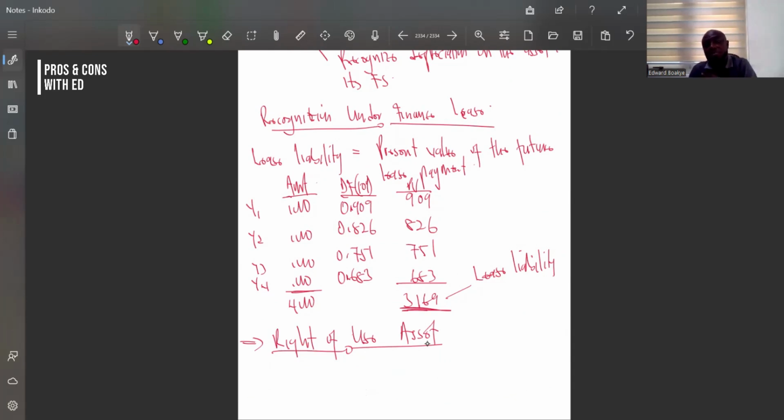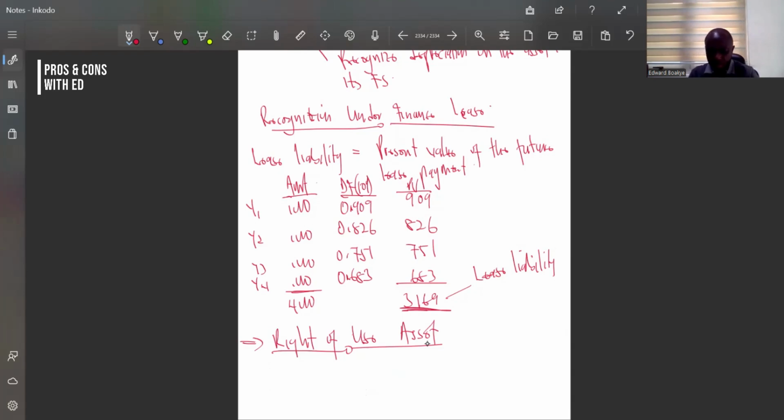We may have even finished the lease term, but in your financial statement, you will see right of use asset. It means this asset came as a result of a lease contract.